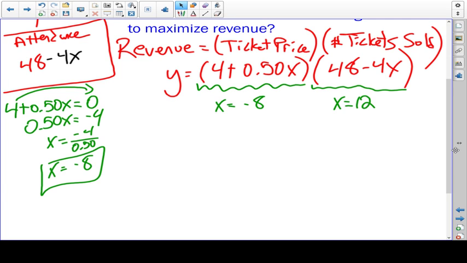In this question, we defined x to be the number of price increases. So if x is negative, what does that mean we're doing to the price? We're decreasing it.